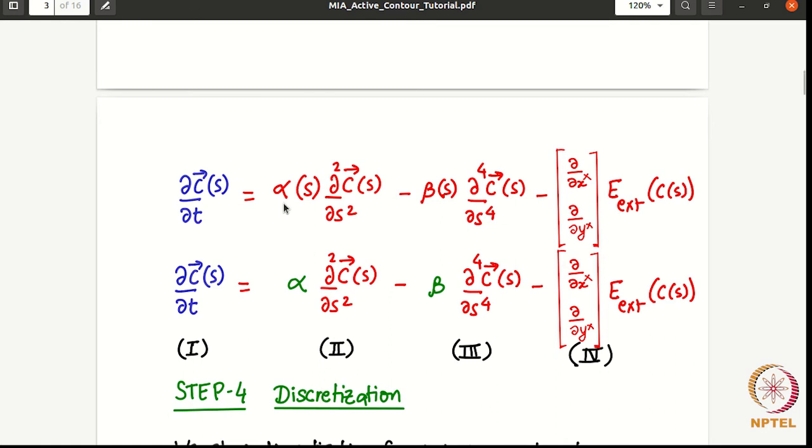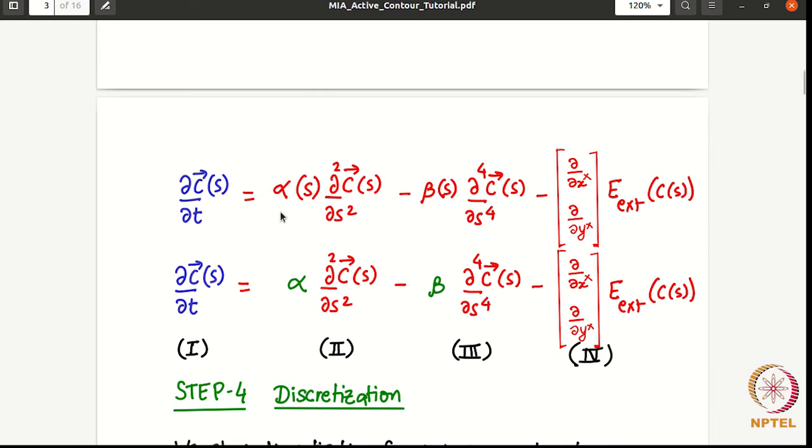Here, alpha and beta are the two parameters that determine the elastic and bending properties of the snake. These parameters are functions of S, but we assume that they are constants.